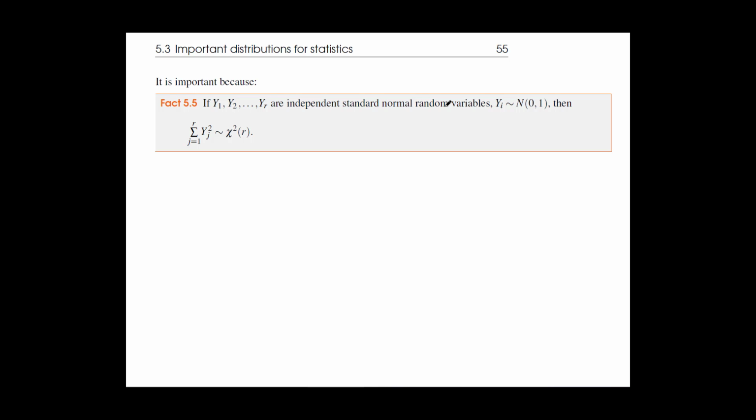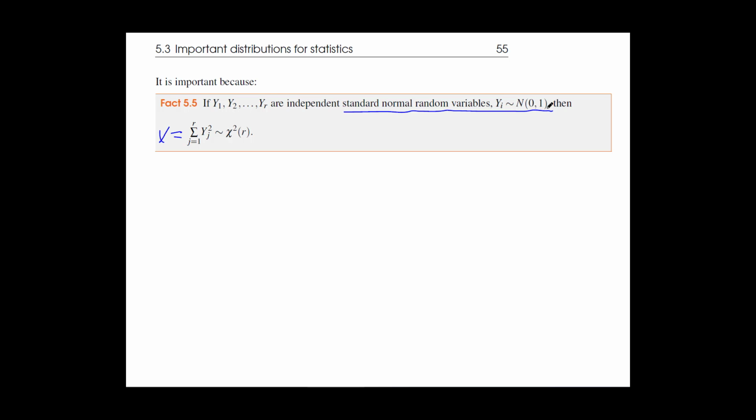When you have a random variable X that is the sum of the Y variables, and the Y's are all independent standard normal random variables, this is the chi-square distribution.